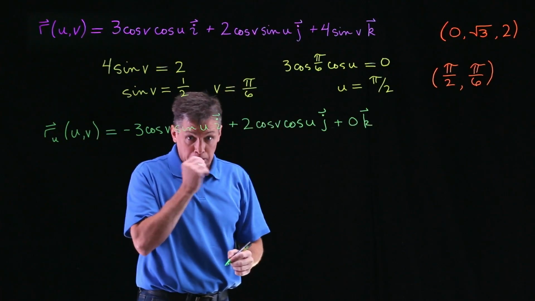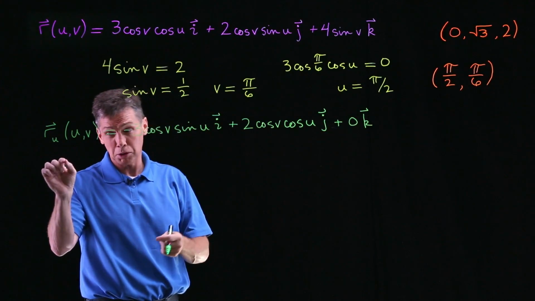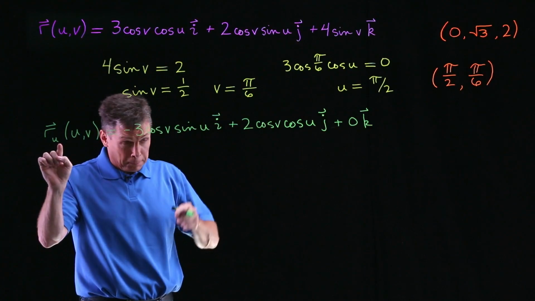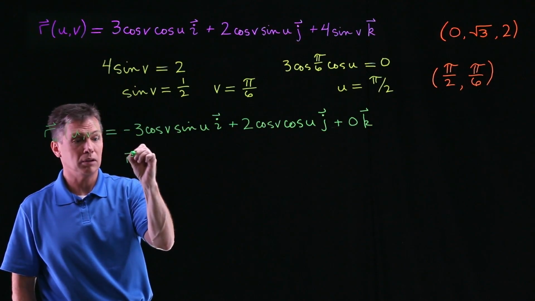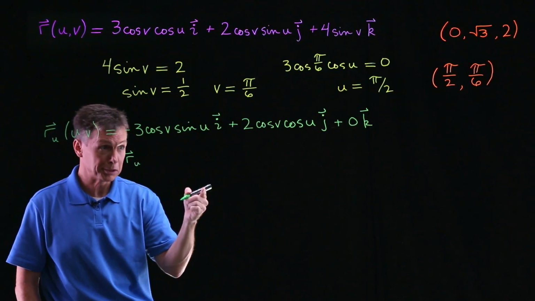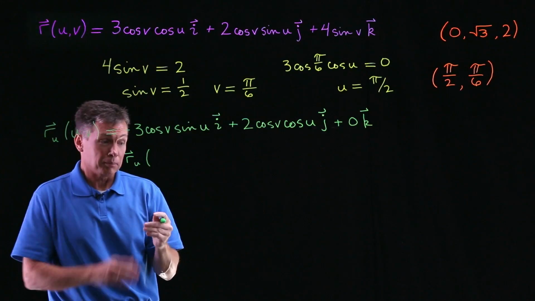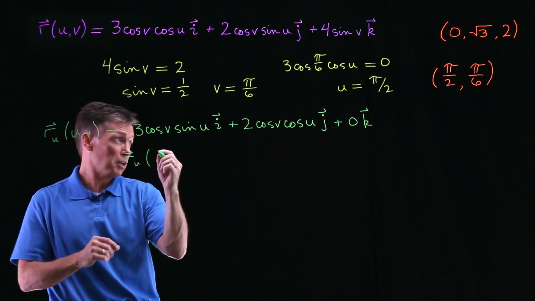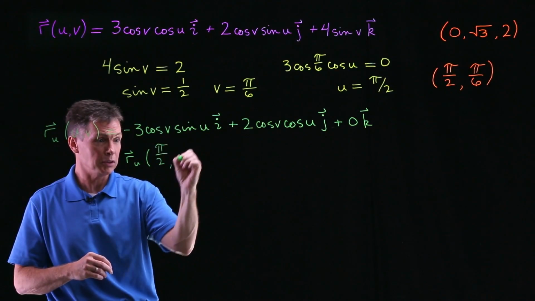Okay. Now I also need to do the same differentiation, but this time a partial with respect to v. Before I do that, though, I'd like this partial of r with respect to u with the specific arguments of pi over 2 and pi over 6, my u and my v.